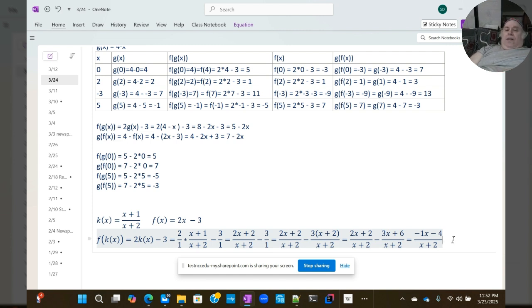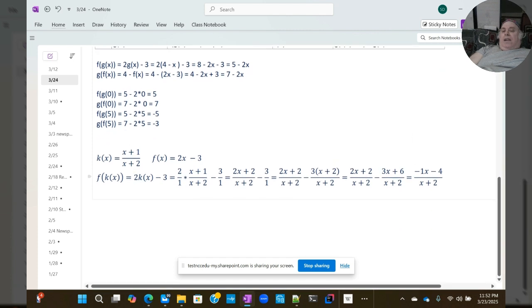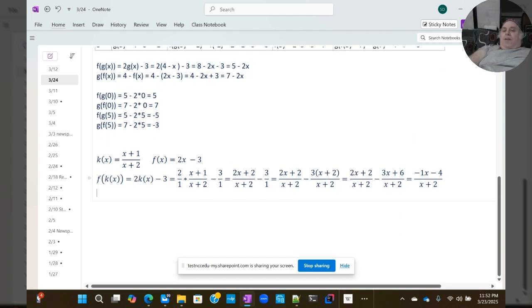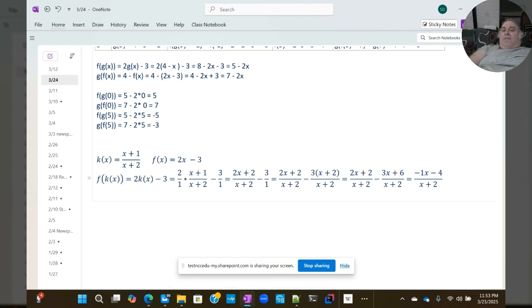So let's see. Let's check our work just a little bit. What we're going to have is, let's start with f of k of minus 1.